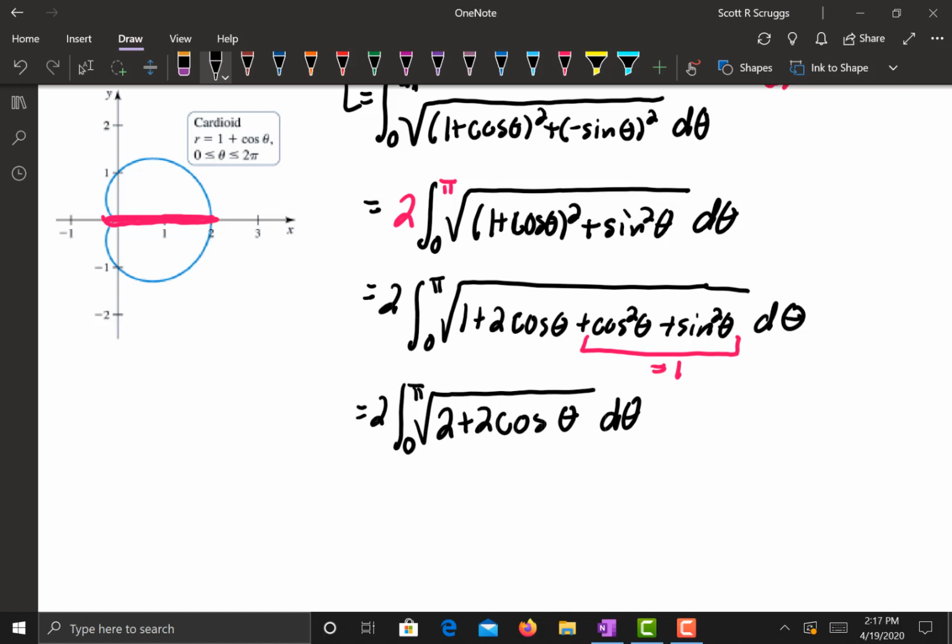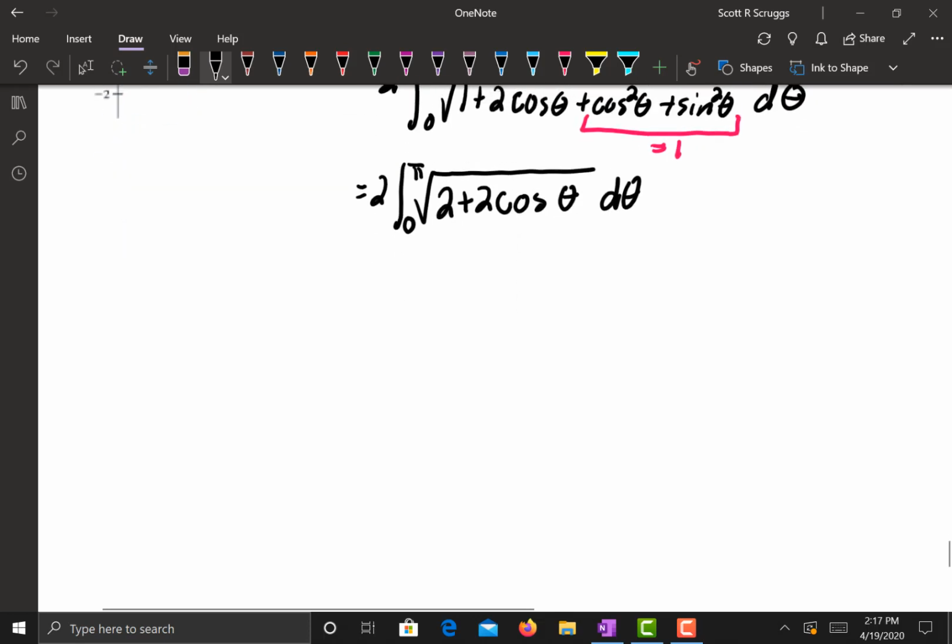So I have a common factor of 2 inside my square root. So I can rewrite that as 2 times the integral from 0 to pi of the square root of 2 times 1 plus cosine of theta d theta.